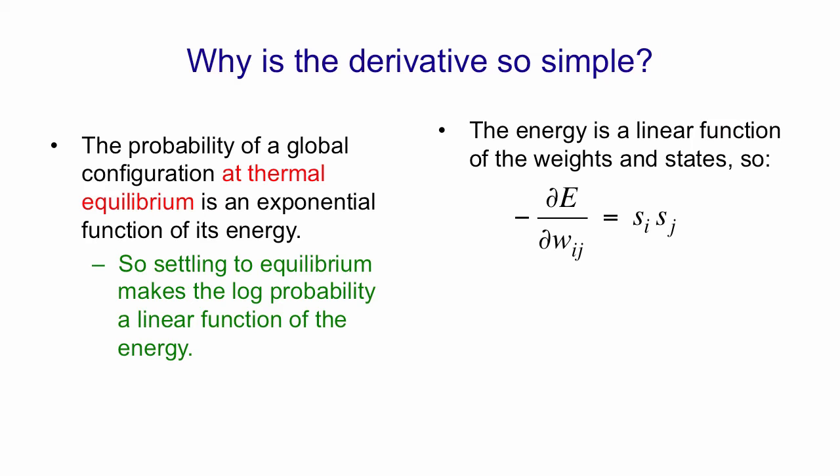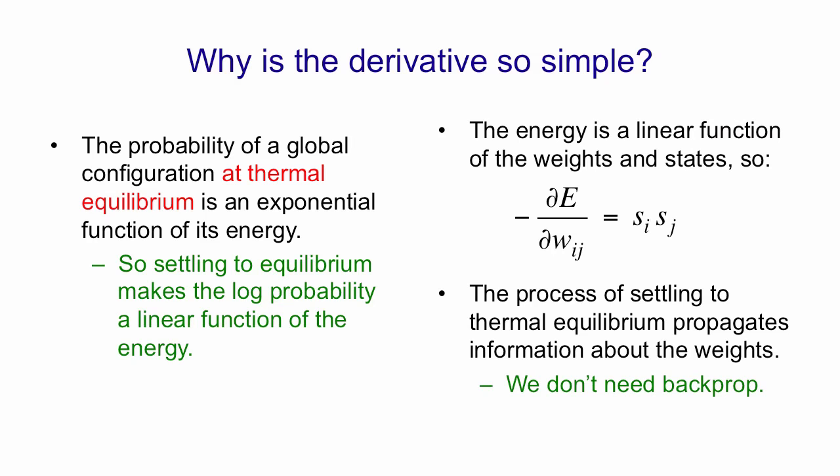In fact, the relationship is very simple. It's that the derivative of the energy with respect to a particular weight, wij, is just the product of the two activities that that weight connects. So what's happening here is the process of settling to thermal equilibrium is propagating information about weights. We don't need an explicit backpropagation stage.